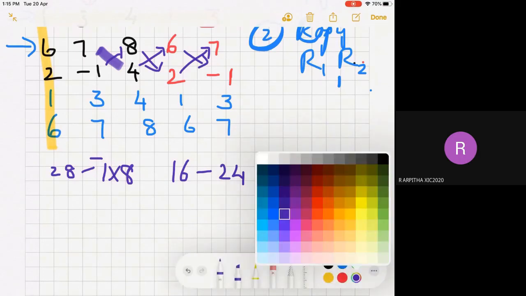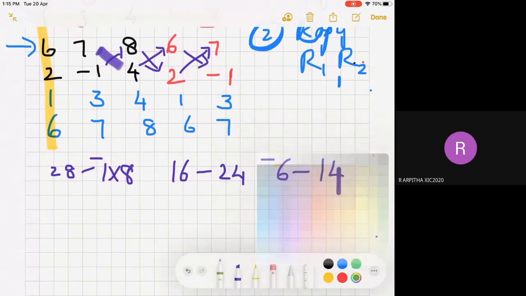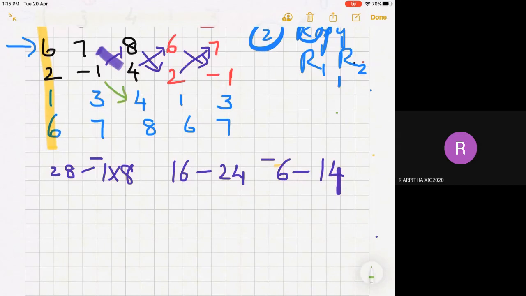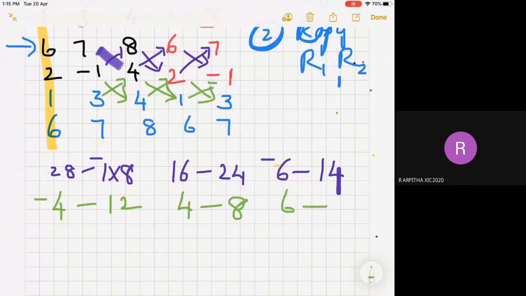Now how do we get the second row cofactors? Second row cofactors means you will go here, second row. That is minus 1 into 4, minus 4, minus 3 into 4, that is 12. Again 4 into 1, 4, minus 4 into 2, that is 8. Again 2 into 3, 6, minus 1 into minus 1, so it is minus 1.